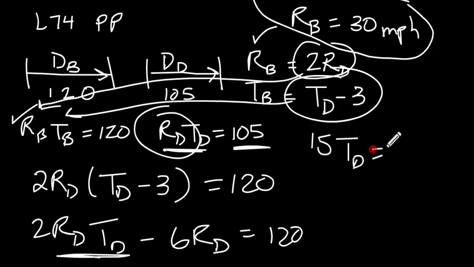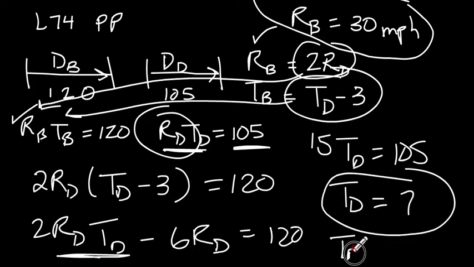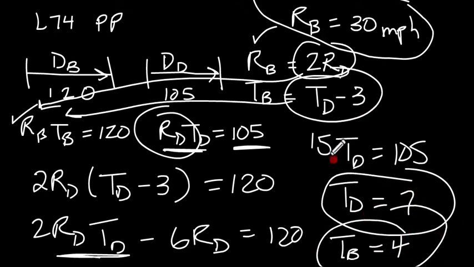TD equals 105. We'll take 105 divided by 15, and we get 7. So the time of the Dominesque was 7, and the time of Bernard is going to be 7 minus 3, which is 4. Just a tip, on the test, it's going to ask them how long they traveled, which is time. So, okay, so it's not that much different.